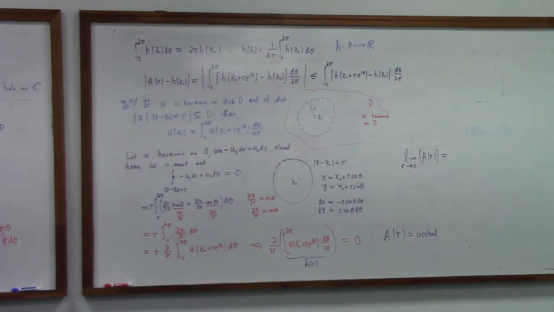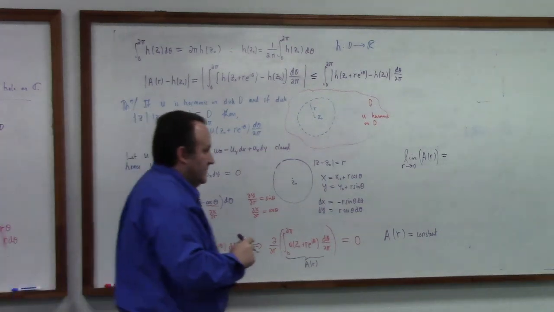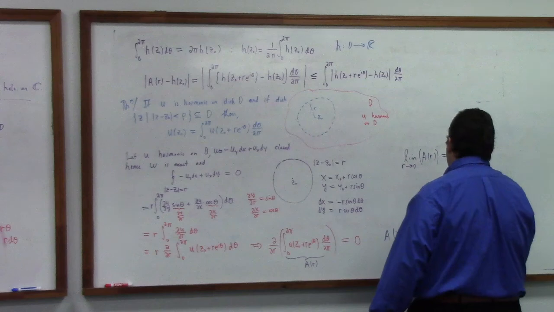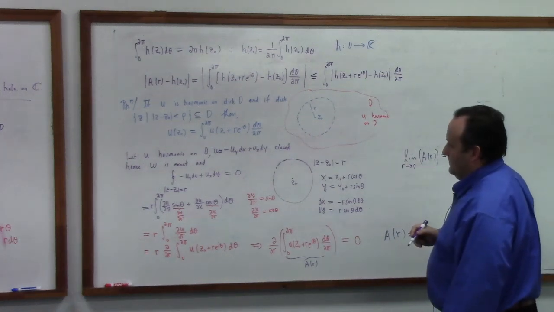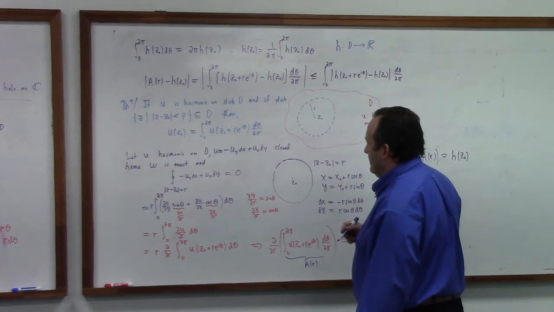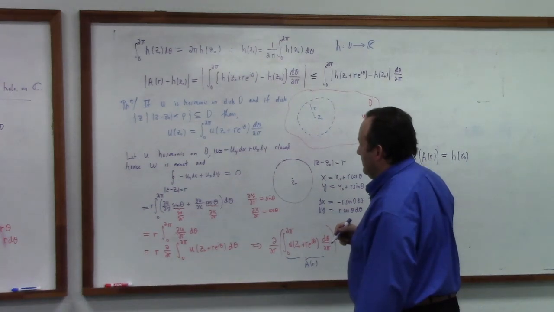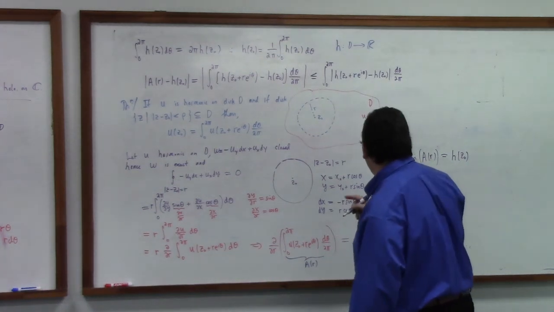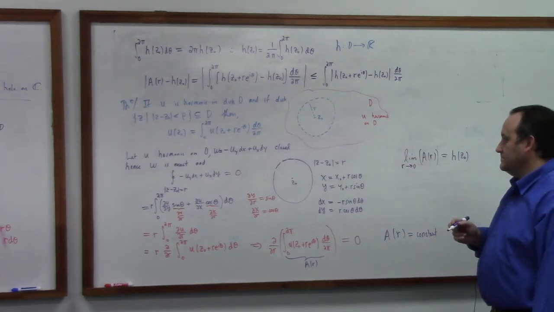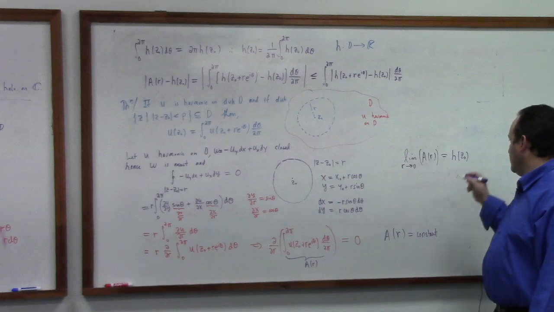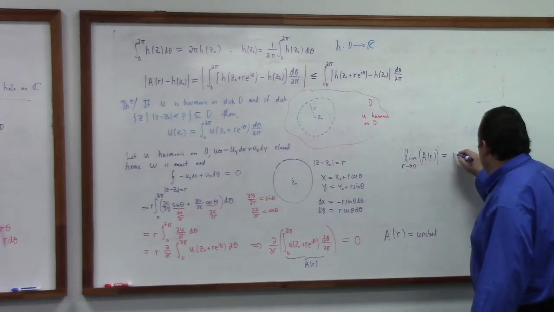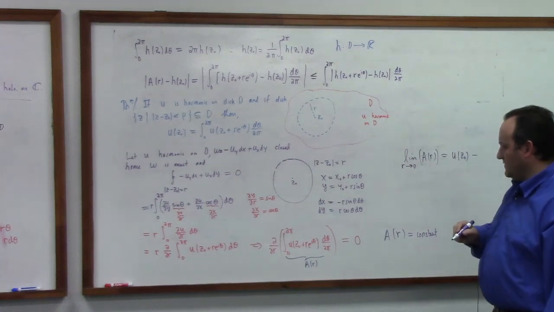You just get h of z naught again. But that's also equal to that. Yeah. So, I'm an idiot. Ay, ay, ay. That is the worst.